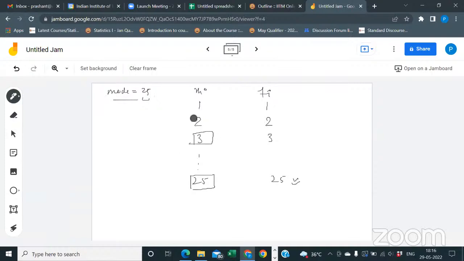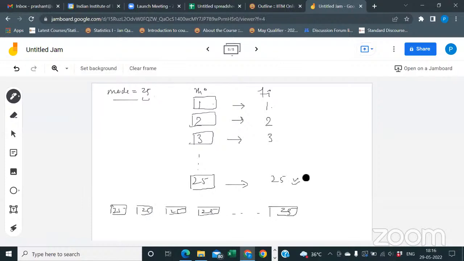Suppose these are the cards numbered 1, number 2, number 3, up to number 25. The card numbered 1 is only 1. This is only 2. This is 3. This is 25 in number. I mean there are 25 cards like this with number 25, right?